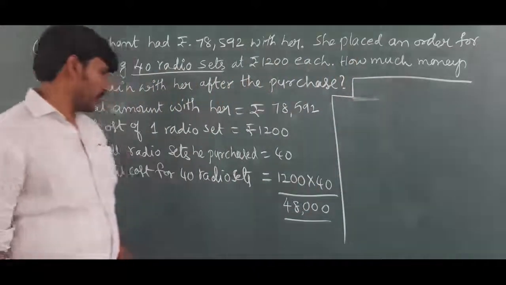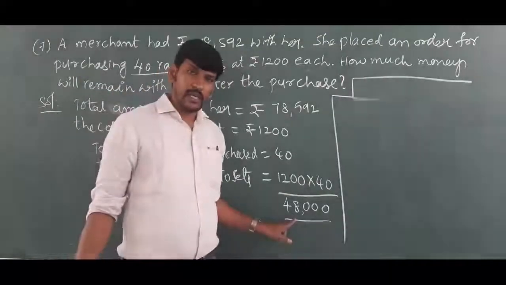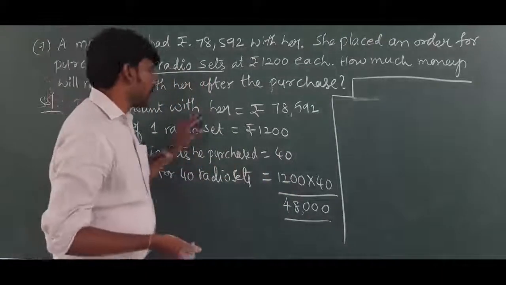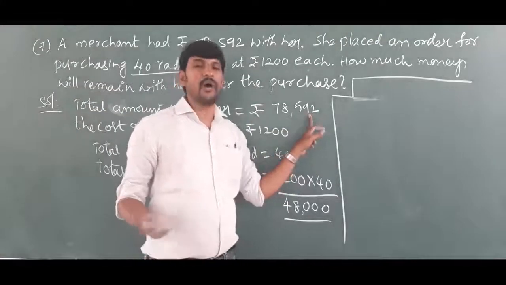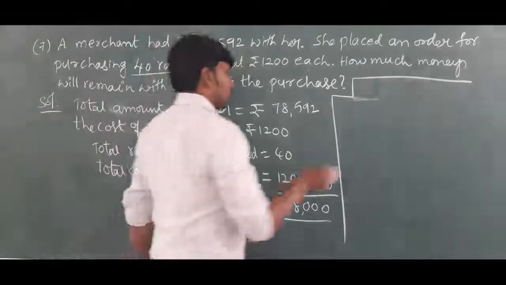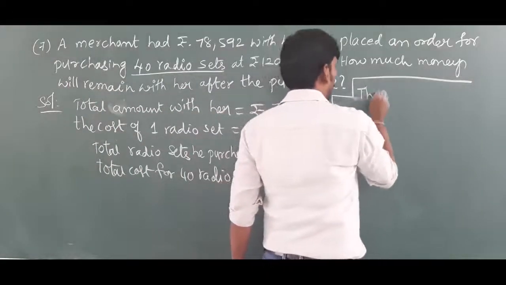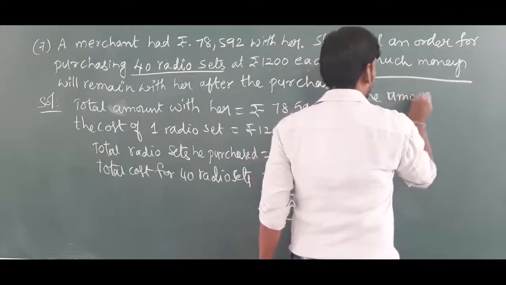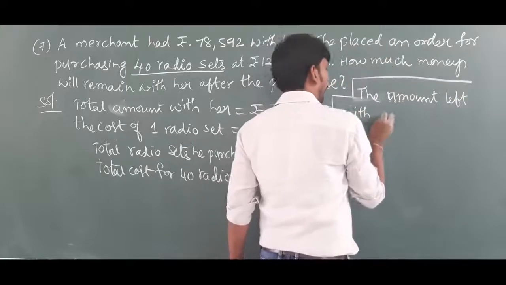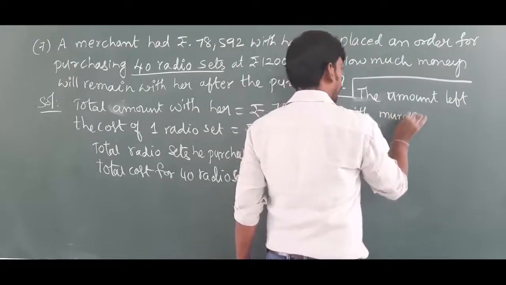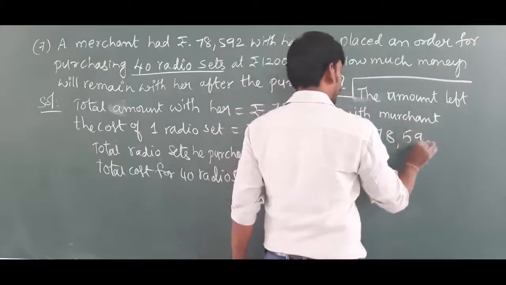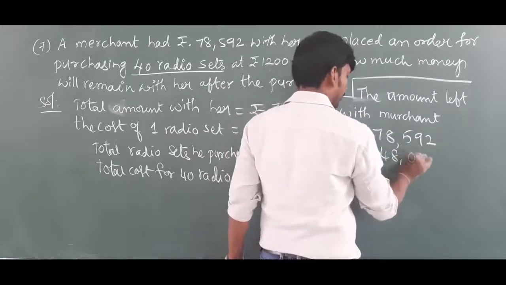So after purchasing radio sets, she spent the amount 48,000 on the 40 radio sets. But actually she had 78,592 rupees. How much amount is left with the lady merchant? Right children? So the amount left with the merchant is equal to 78,592 minus 48,000.